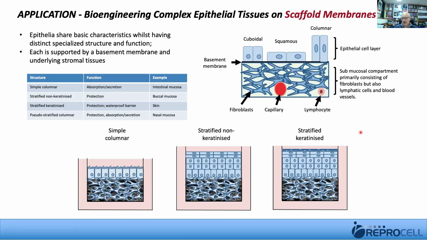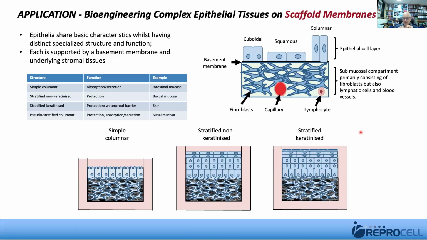So what I'm going to do now is show how we use our technology to bioengineer these tissues. The concept is the same, no matter which tissue we are developing. The fibroblasts from the tissue are first cultured in the Alvetex, and during that time they produce extracellular matrix.